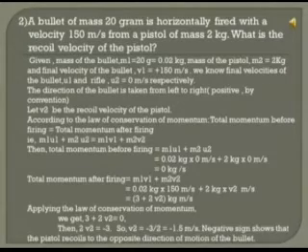By applying the law of conservation of momentum, we get 3 plus 2v2 is equal to 0. Then 2v2 is equal to minus 3. So v2 is equal to minus 3 by 2, is equal to minus 1.5 meter per second. Here the negative sign indicates that the direction in which the pistol would recoil is opposite to that of the bullet, that is right to left.